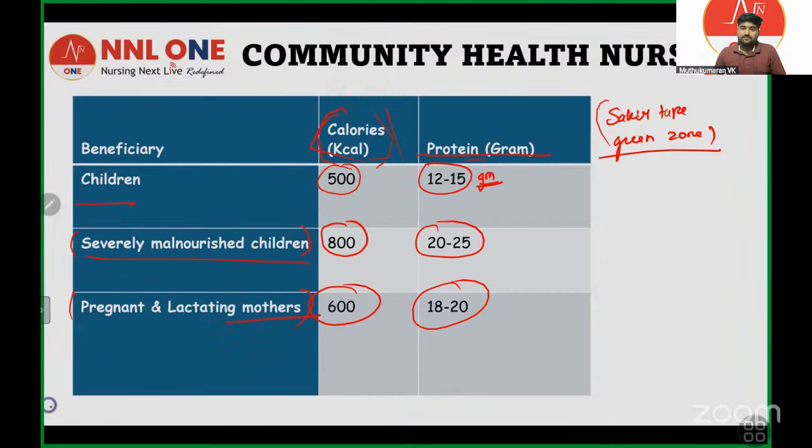It should be 12.5. If it is less than 11.5 it is red, and 12.5 or greater is considered the green zone in Shakir tape. It is especially for under 5 children. 0 to 6 years also we can use. Okay, is it clear? Shall we move on to the next question?